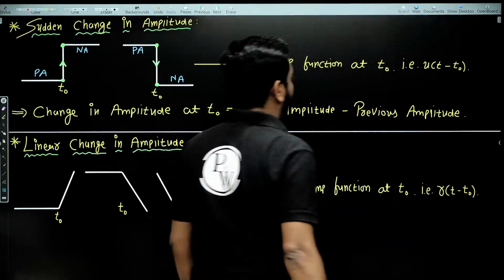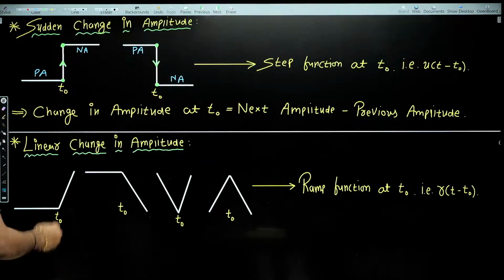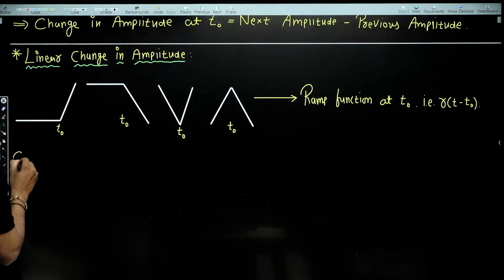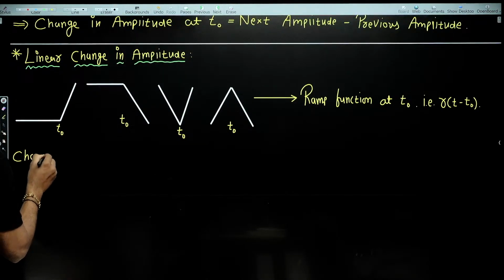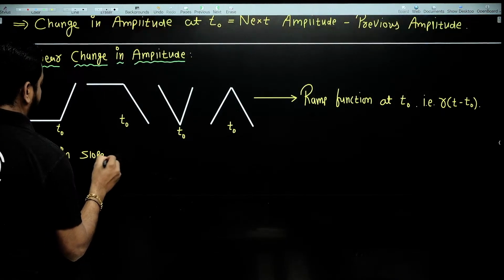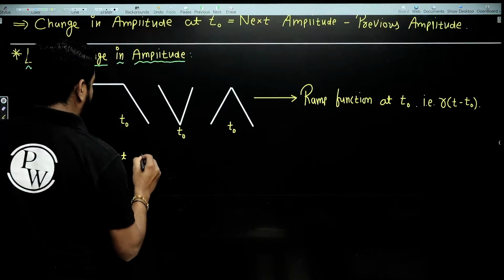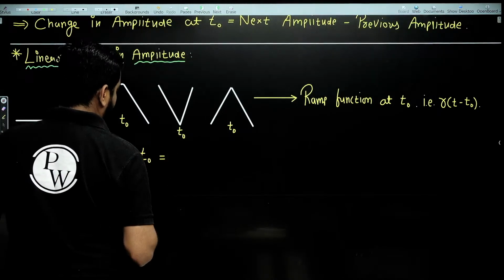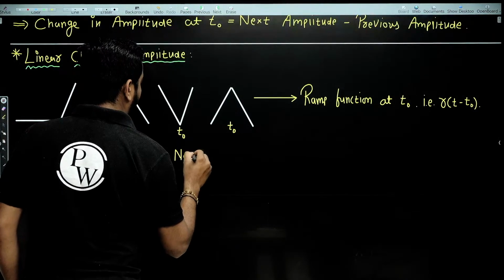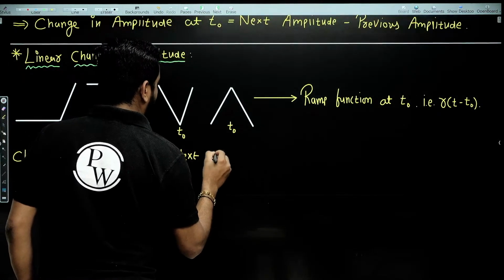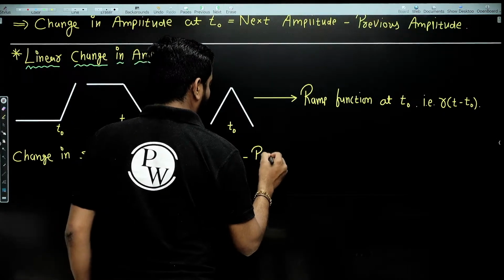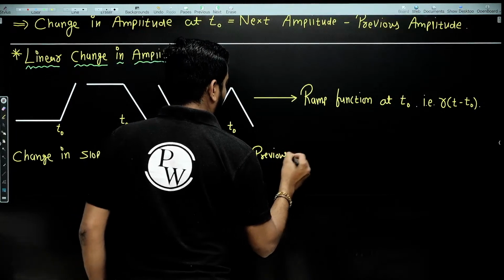And here you have to find the change in slope. Change in slope at T naught is equal to next slope minus previous slope.